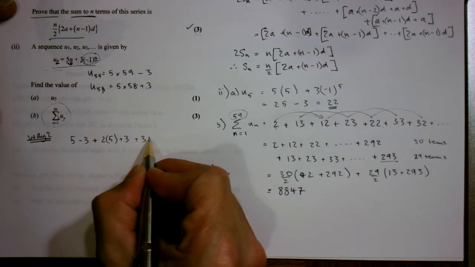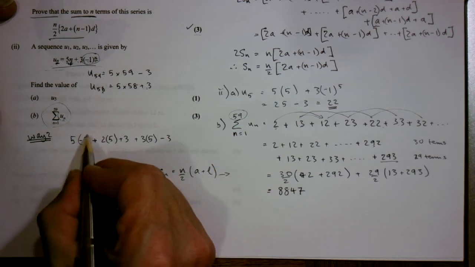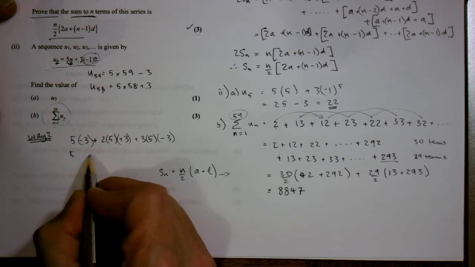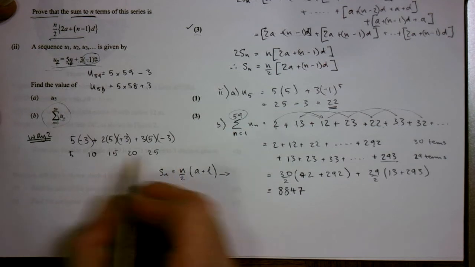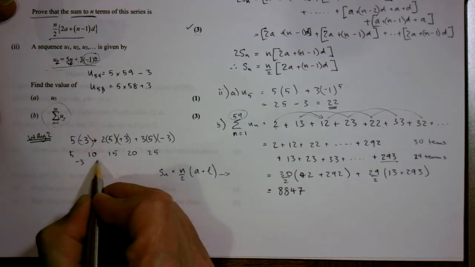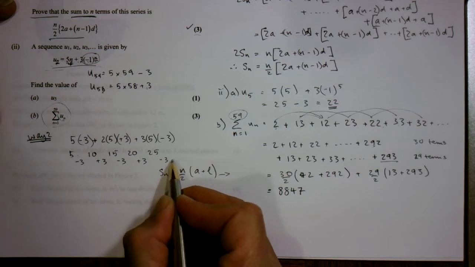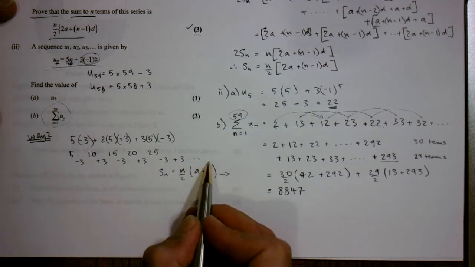Then I've got 3 5s, take away 3. And I've got all these plus and minus 3s, and I've got a sequence which is 5, 10, 15, 20, 25 and so on. Take away 3, add 3, take away 3, add 3, take away 3, add 3 and so on. So I've got an odd number of terms.